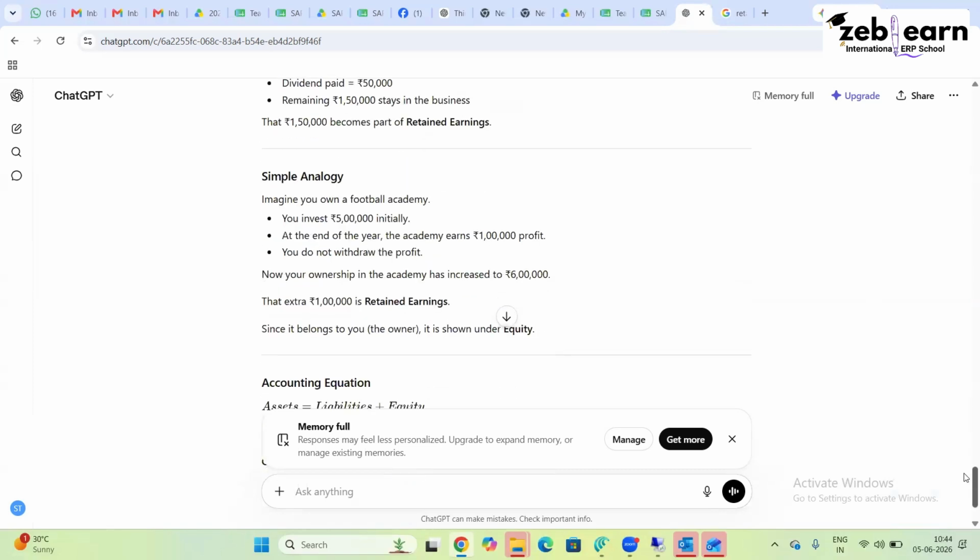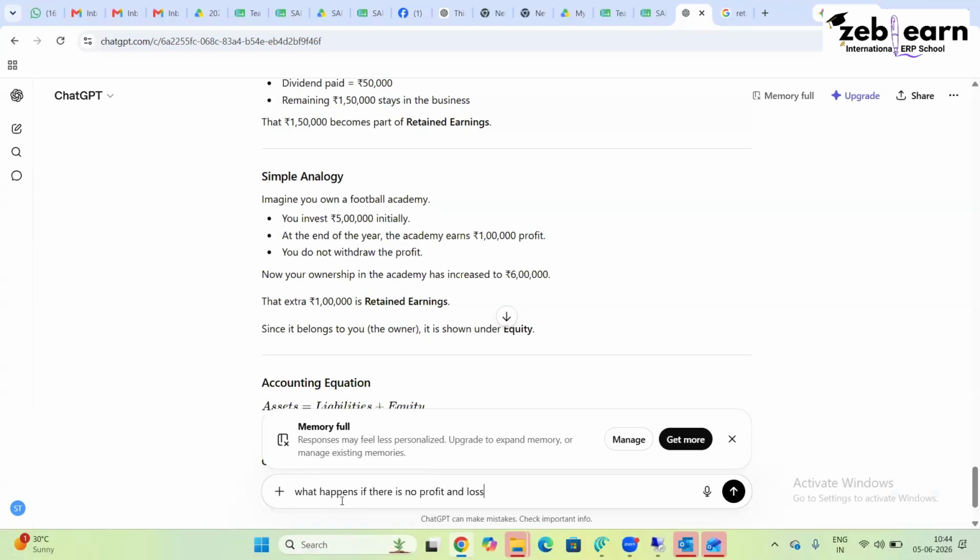Okay. Now you must be thinking, what happens if there is a loss and there is no profit? Tell me, Pragati, what happens then? Sir, in the balance sheet, if there is a loss in the profit and loss account, the same goes in the balance sheet also, due to which the net capital amount gets decreased.